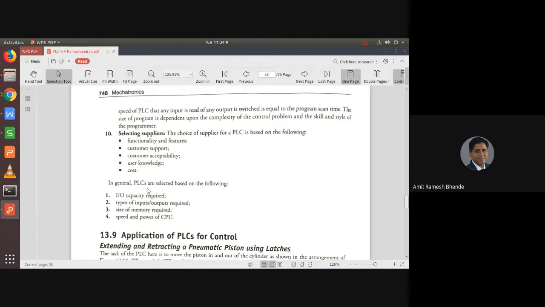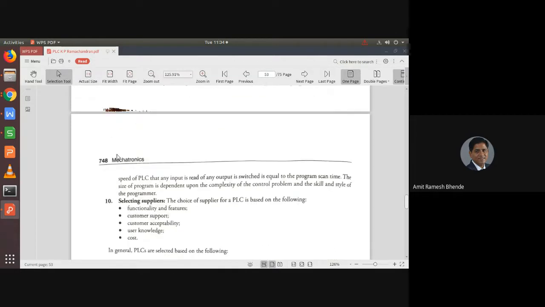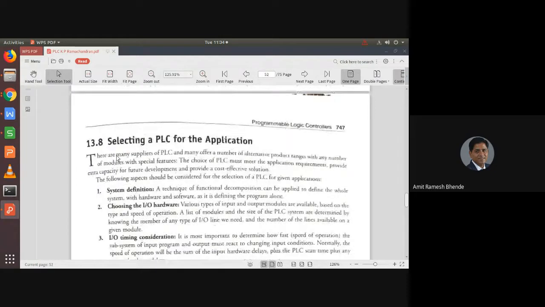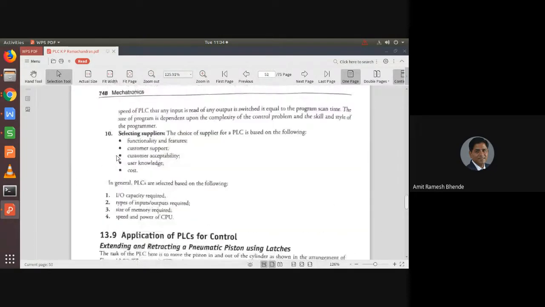So in general, PLCs are selected based on the following. We have seen these 10 parameters which are important for selecting the PLCs, and these 10 parameters are categorized into 4 categories: that is IO capacity required, second type of input output required, then size of the memory required, and speed and power of the CPU. Okay.